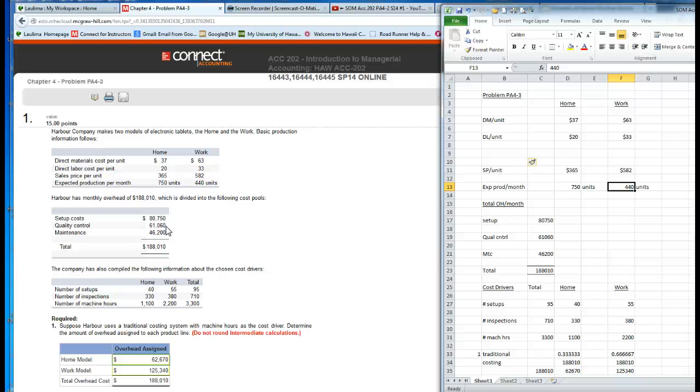Some examples would be factory rent, factory utilities, factory maintenance, factory supplies, factory this and factory that, etc. The fact that each of those names is preceded by the term factory tells us that those costs or expenses are quote unquote factory or manufacturing costs. So those are the costs that we initially lump into this big chunk of cost and call it overhead.